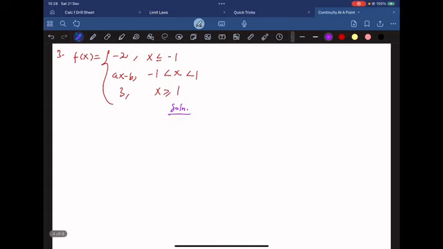Now in this case, note that we don't have just one value. We have negative 1 and positive 1. These are two values, meaning we have to get two different equations. So for the first equation, we have limit as x approaches negative 1 from the left of f of x, this should be equal to limit as x approaches negative 1 from the right of f of x, and this should be equal to f of negative 1.